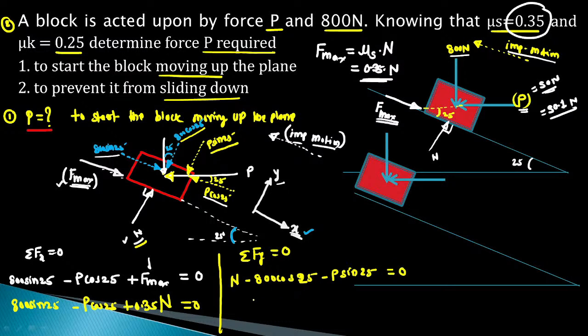So, from summation Fy you can find out the normal reaction. Just solve this equation.